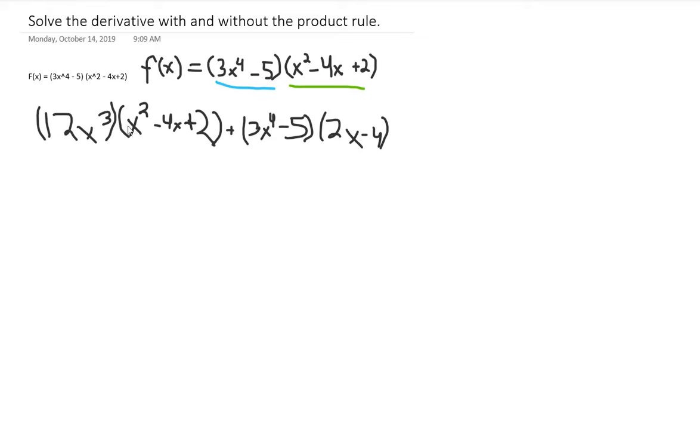12x cubed times x squared. When you multiply exponents, you add the actual exponents. So you get 12x to the fifth because you add them. And then it's the simple distributive property, so 12x cubed times negative 4x, negative 48.